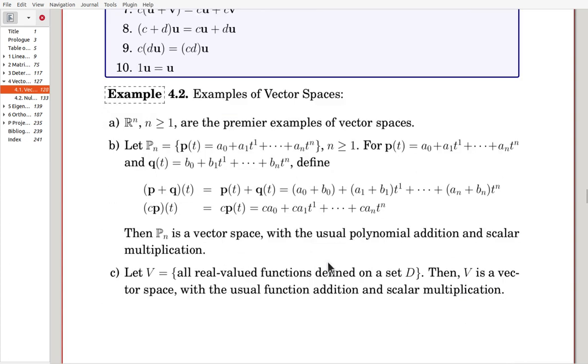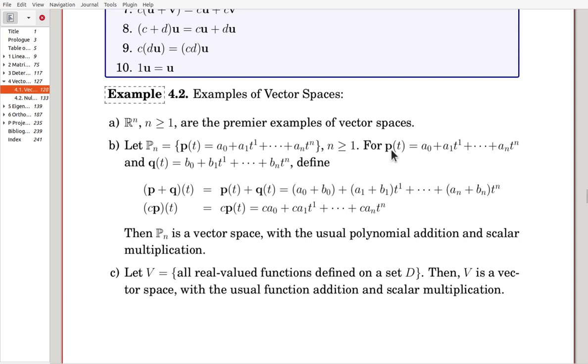Here are examples of vector spaces. Rn are the premier examples of vector spaces. You learned this one in previous chapters. Now consider Pn, the set of polynomials of degree at most n.